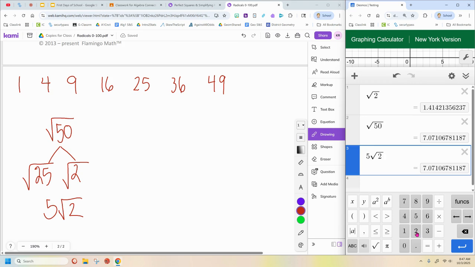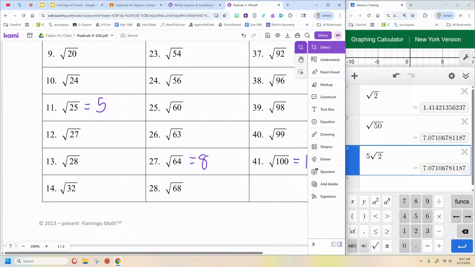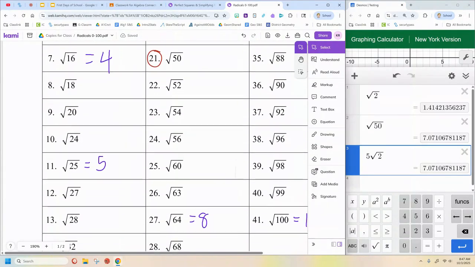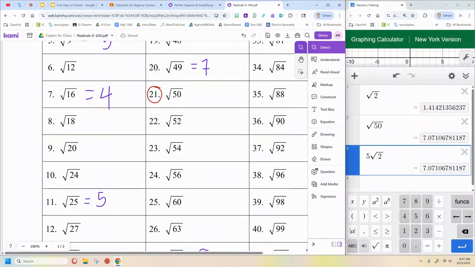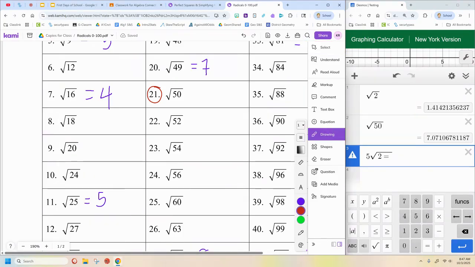Okay, so we can flip our paper over and we are going to write down that we now know that the square root of 50 is equal to 5 radical 2. Now, just so you understand this paper, do you see how it jumps from 50 to 52?